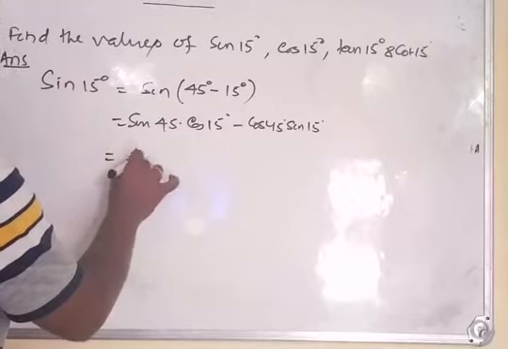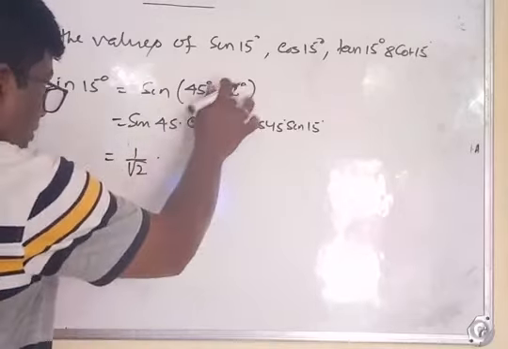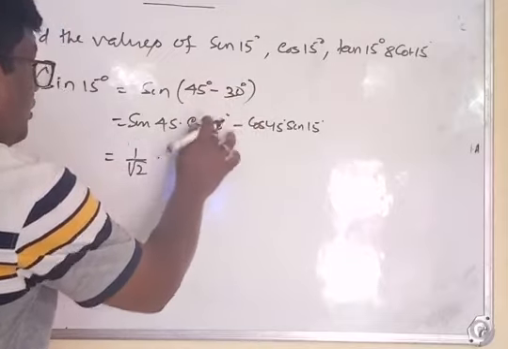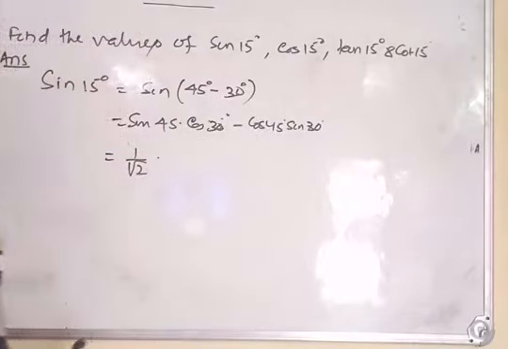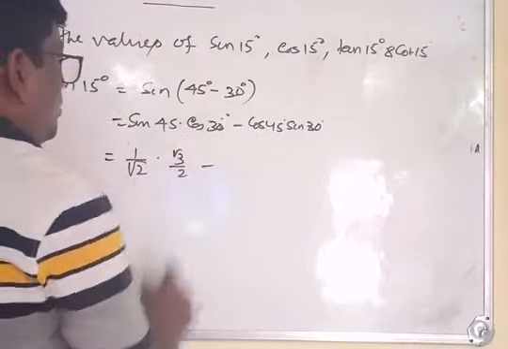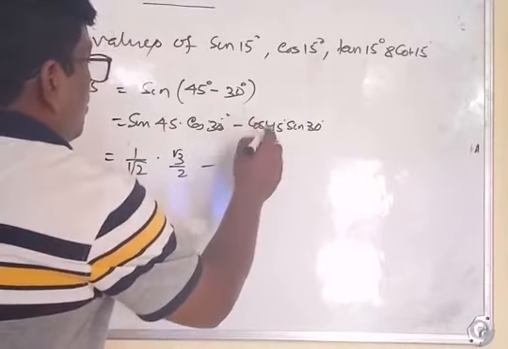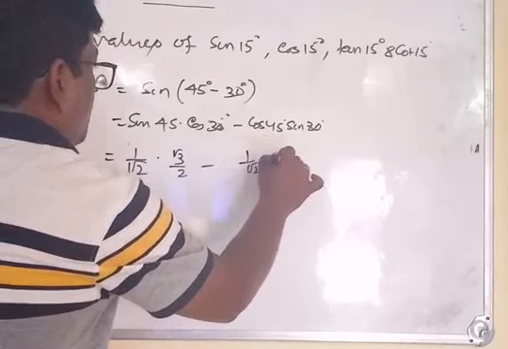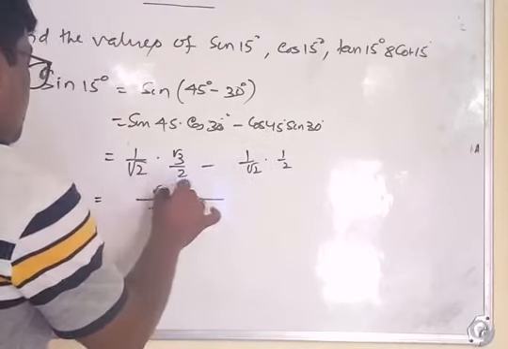This is equal to 1 by root 2 into cos 30, which is root 3 by 2, minus 1 by root 2 into sin 30, which is 1 by 2. So LCM 2 root 2, this is root 3 minus 1.